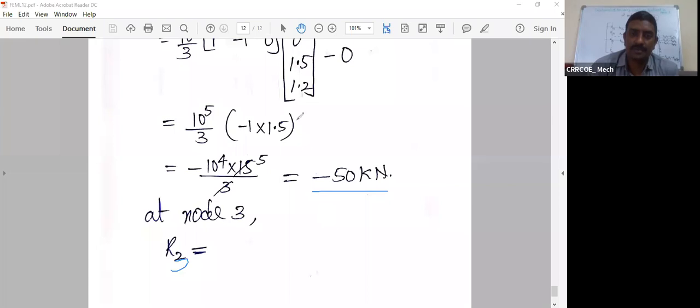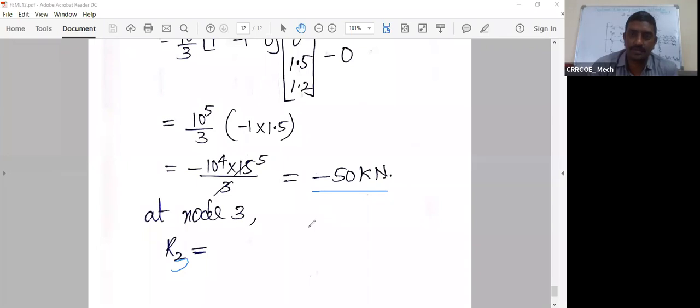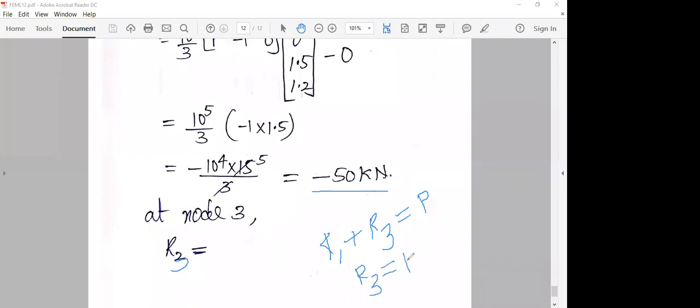We discussed above that the summation of reaction forces is equal to the summation of externally applied forces. So what is the externally applied force here? R1 plus R3 is equal to the load P at node 2. So R3 is equal to P minus R1.